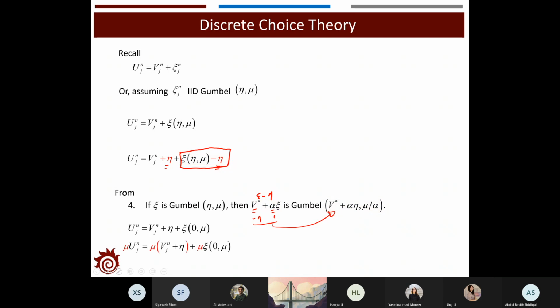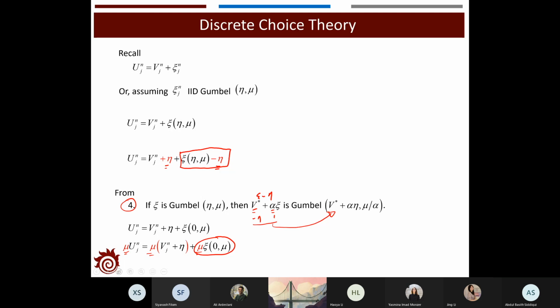Now we can conduct another conversion. For this conversion, we can multiply mu on both sides. The equation will still be correct. And for this component, if you have mu times epsilon, then you can still recall property 4 to see what the distribution looks like.